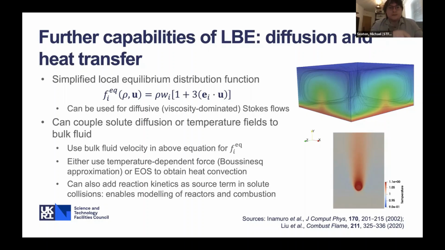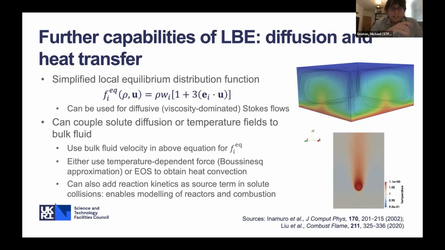However, we can also use that approach for solute diffusion, or to represent some kind of temperature field in a bulk fluid. The way we can do that is to model the solute or the temperature on a separate lattice and use the bulk fluid velocity in the above equilibrium distribution function to couple the motion in.